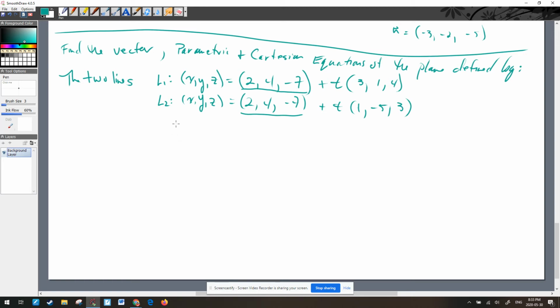So we want to find, let's first find the vector equation of the plane. Well, that one's going to be pretty easy. So I know that generally speaking, (x, y, z) is equal to (x naught, y naught, z naught) plus, what do we do up top?